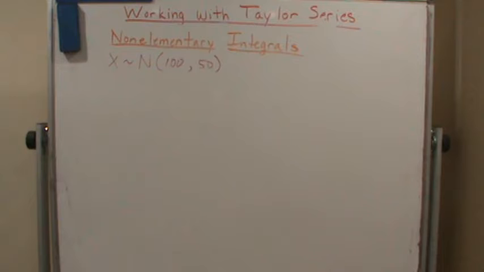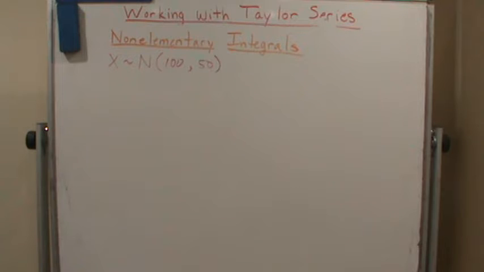We want to approximate the probability that a randomly selected test score is between 100 and 200 on this test. It says to use the alternating series test to determine how accurate your approximation is.